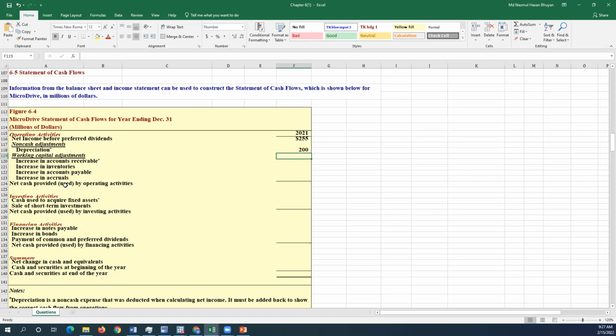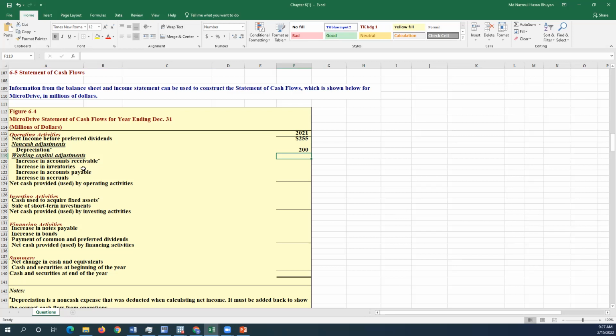On the other hand, whenever we report the current liabilities accounts to the operating cash flow section of the statement of cash flows, we are going to consider all the current liabilities accounts except the debt accounts. So debt accounts should be reported under financing activities, not under operating activities.